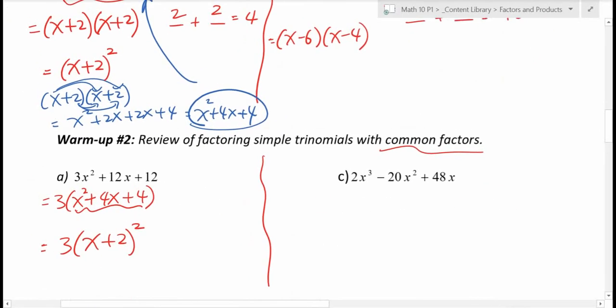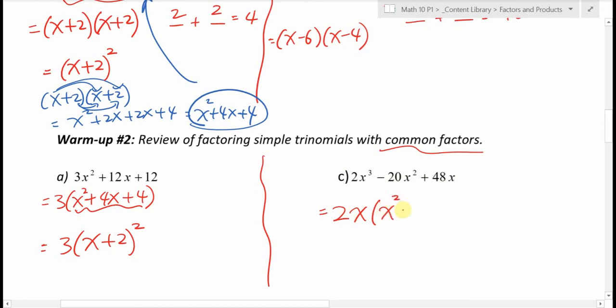Here, for part C, the common factor here, clearly for the 2, 20, and 48, 2 is a common factor. There's an x cubed, x squared, and x, so we can factor out one single x out of each term. And remember, after we find the common factor, we then just divide the original expression by our common factor of 2x.